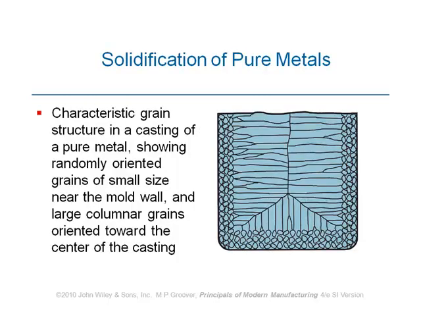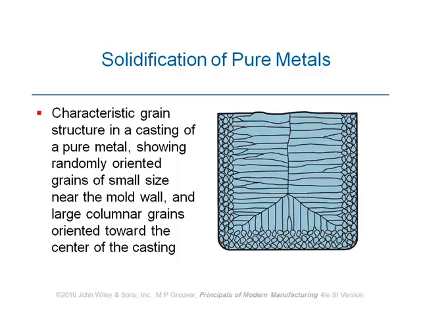Now let's take a look at the solidification process of a pure metal or a eutectic metal. Talking about pure metals, the way that they solidify is like this. Here you can see a cavity and the material which is solidified inside the cavity. The first point to solidify is the boundary or the surface of the part, because it interacts with the inside wall of the cavity or the mold.